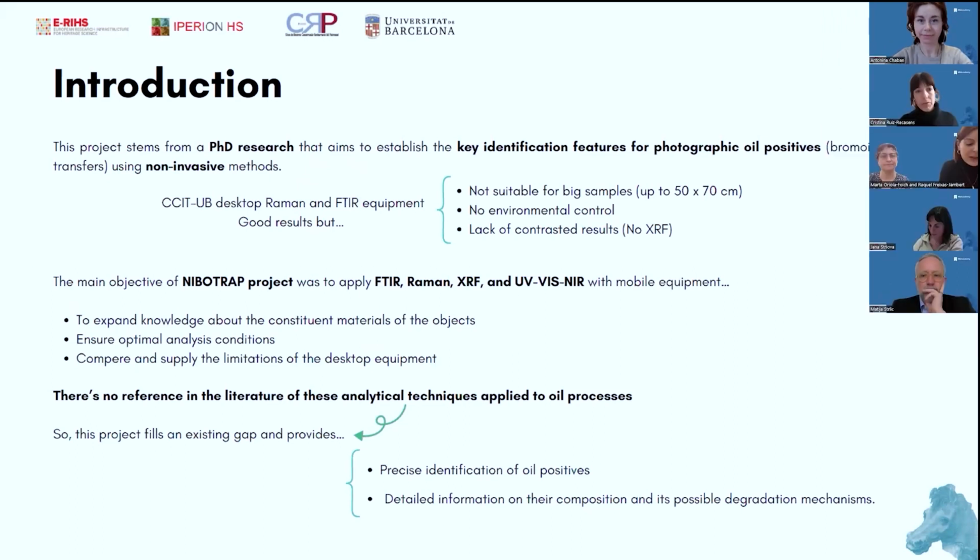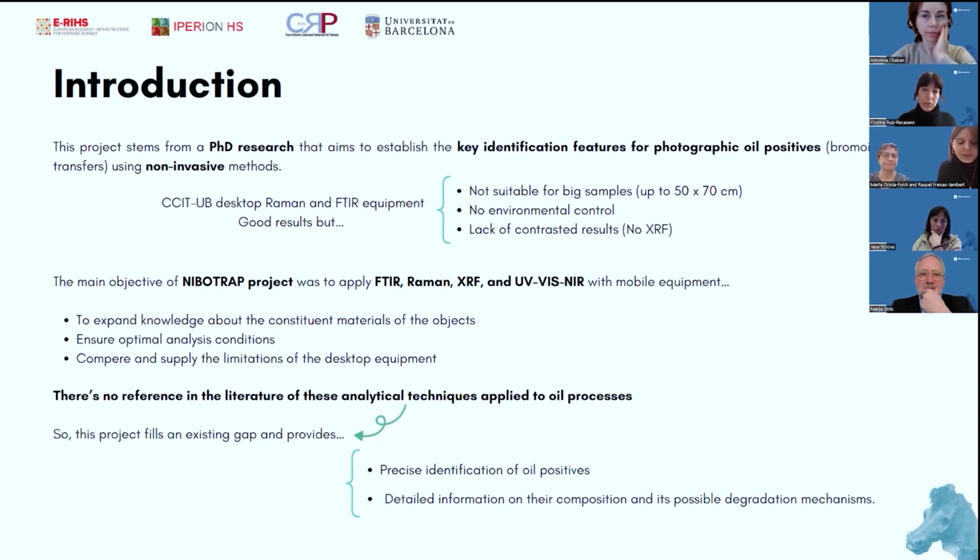But in our institution, we only had access to benchtop Raman and FTIR equipment that were suitable for our proposals. So this type of equipment caused problems in measuring a significant part of the samples due to their large format, up to 50 by 70 centimeters, since the benchtop equipment is designed to analyze small laboratory samples, not artistic objects.